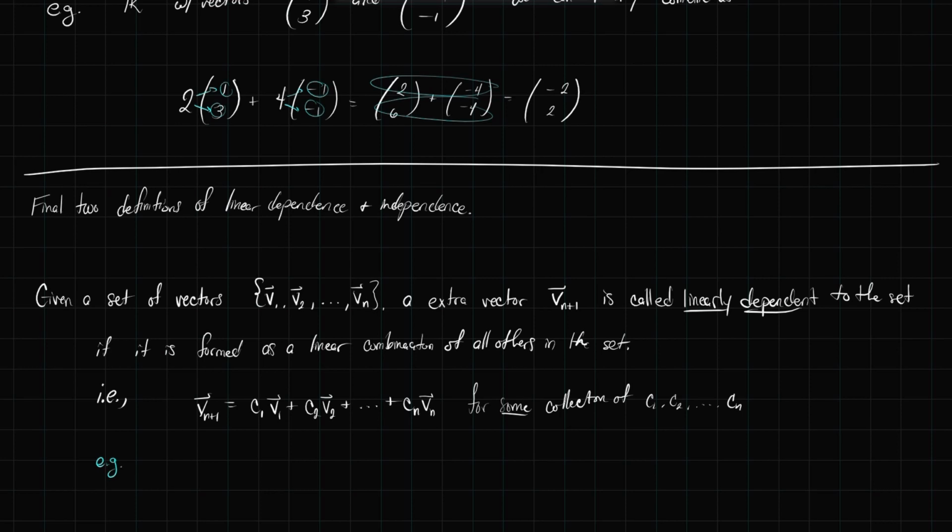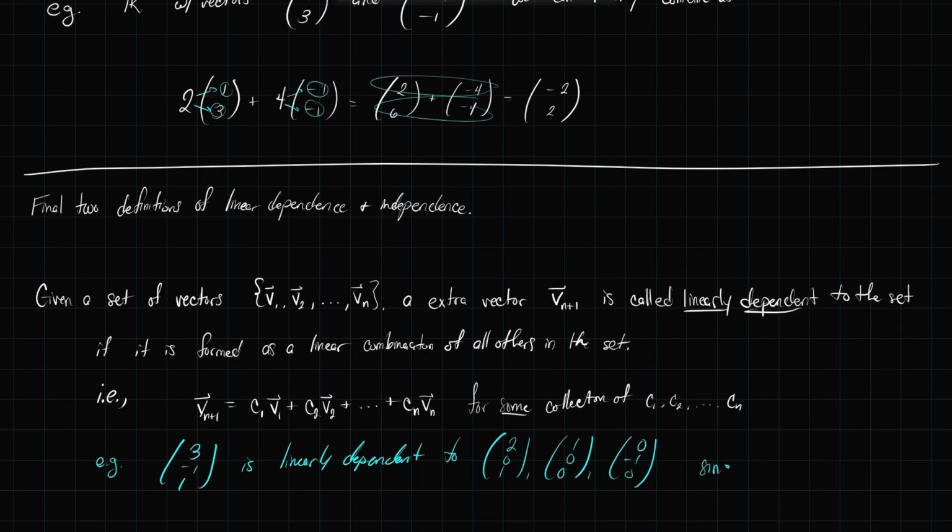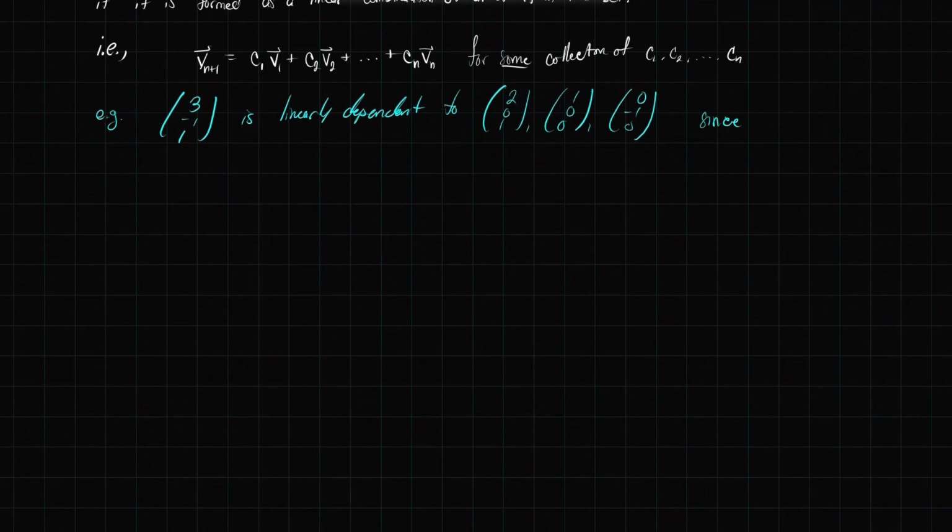For example, the vector 3, -1, 1 is linearly dependent to the vectors 2, 0, 1, 1, 0, 0, 0, -1, 0, since 2, 0, 1 plus 1, 0, 0 plus 0, -1, 0 equals, adding across horizontally, 3, -1, 1.